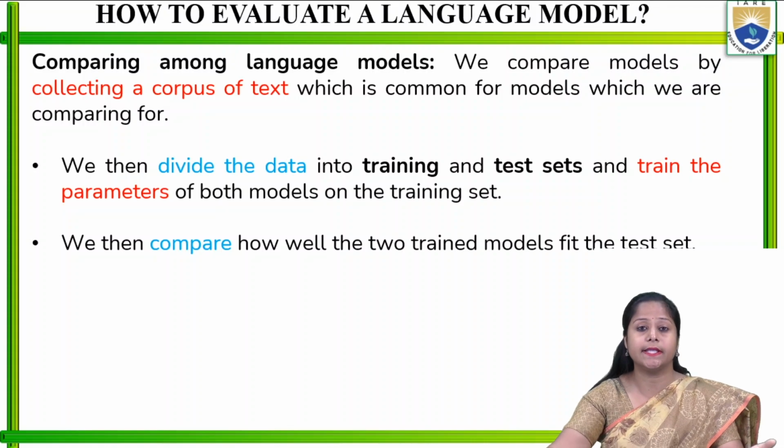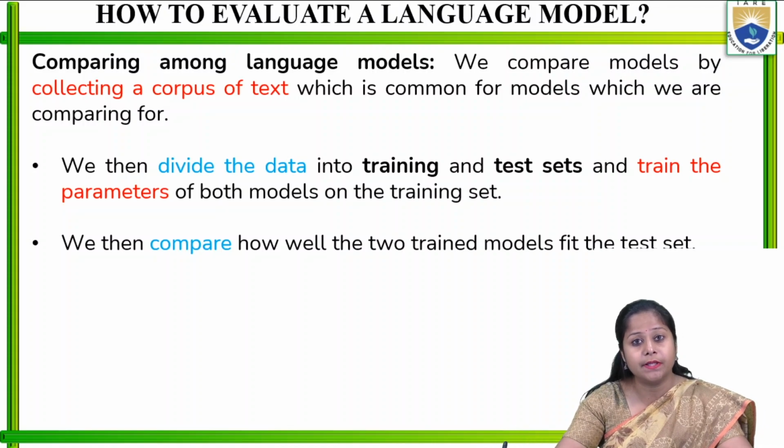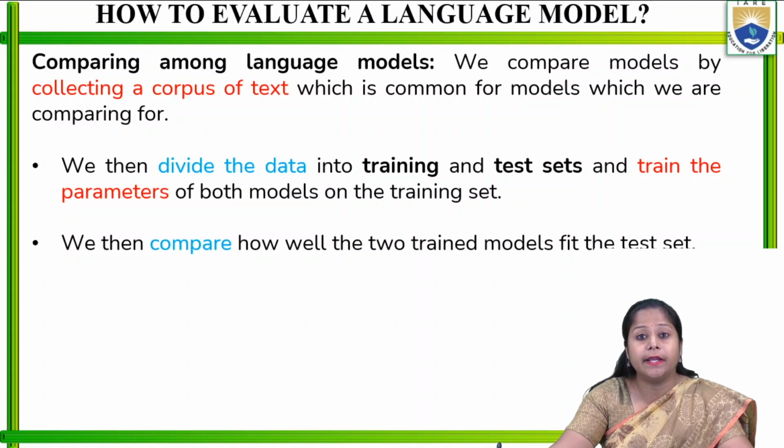Suppose we are comparing two models on one corpus. The language model can be different, but the document, or we can say the text, will be the same. We then have to divide the data into training and test data sets and train the parameters.